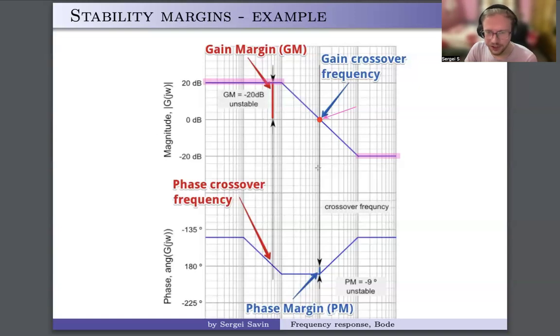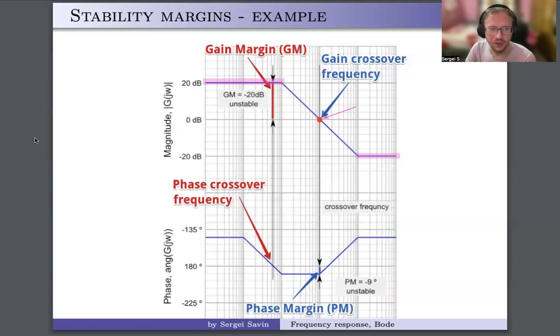Now, at the same frequency here, we have a phase which is not minus 180, right? The phase here is minus 171. All right, so at least we're not there. Okay, good.